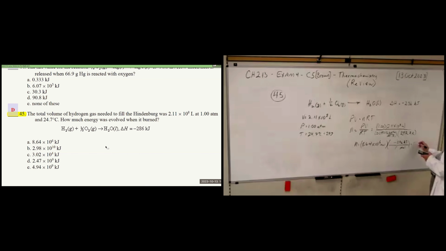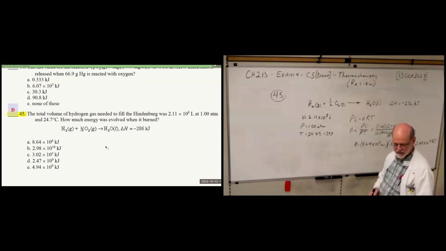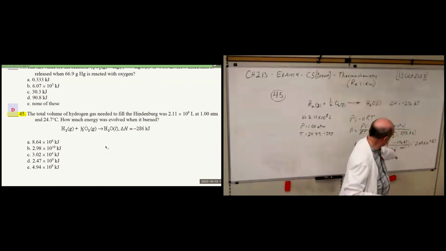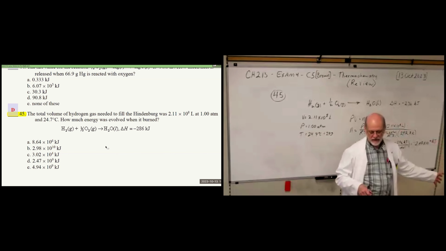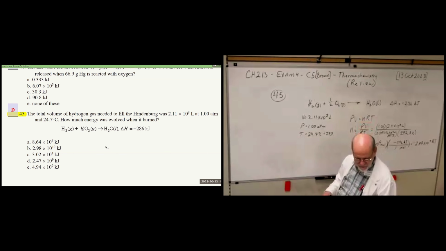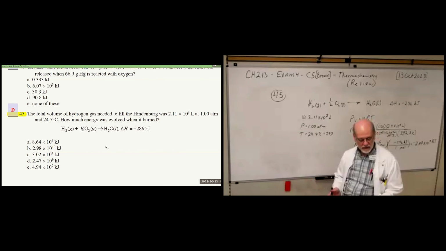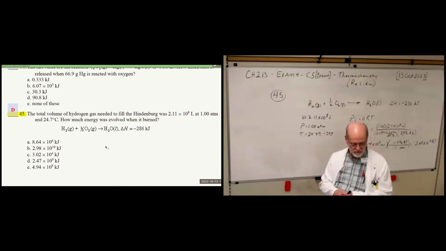And I get 2.47 times 10 to the 9th kilojoules. Well, I put the negative here because that means it's exothermic. But the problem says how much energy was evolved. That automatically means exothermic. So D is the answer.